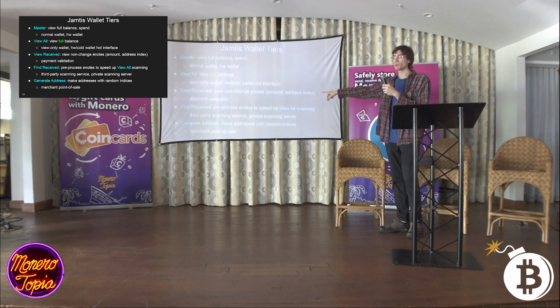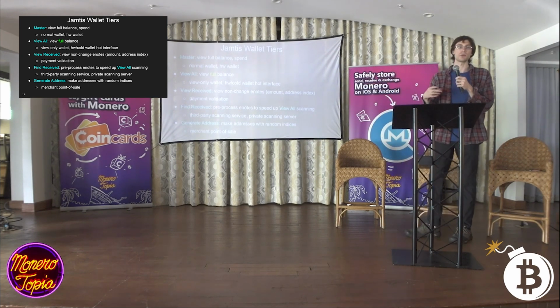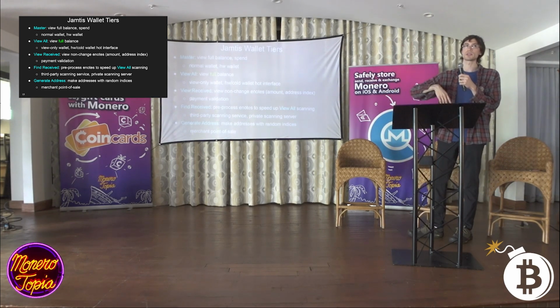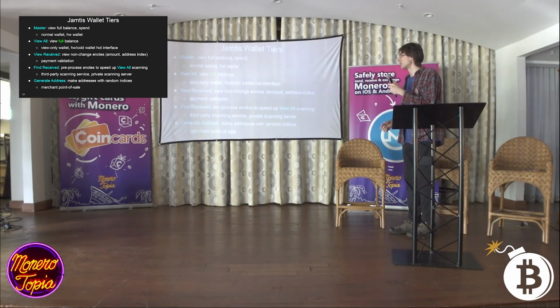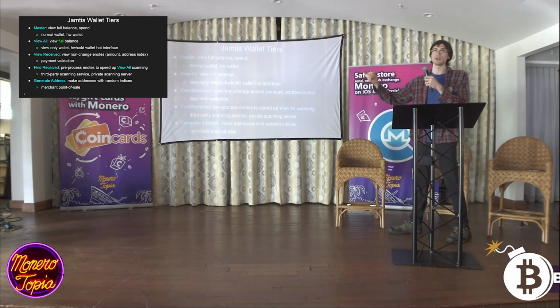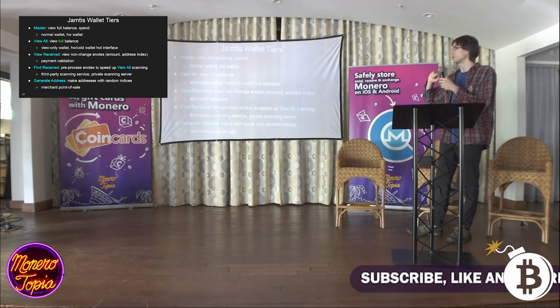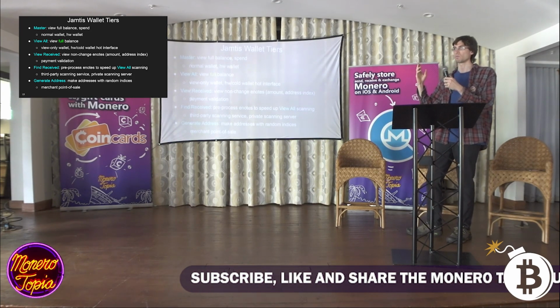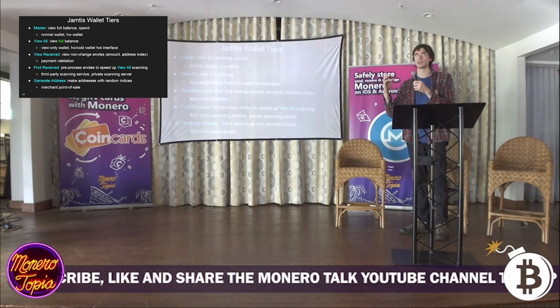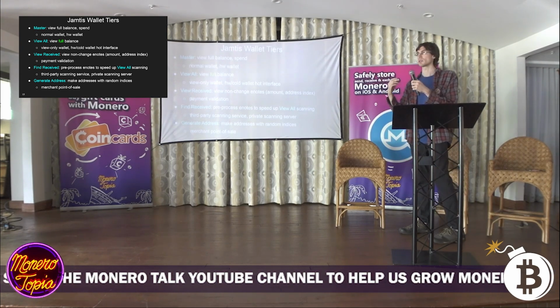So right now, if you want third-party scanning, so if you want someone to do all the work of looking for the stuff you own, you have to give them your view key. You have to allow them to learn all of the amounts in the e-notes that you receive.